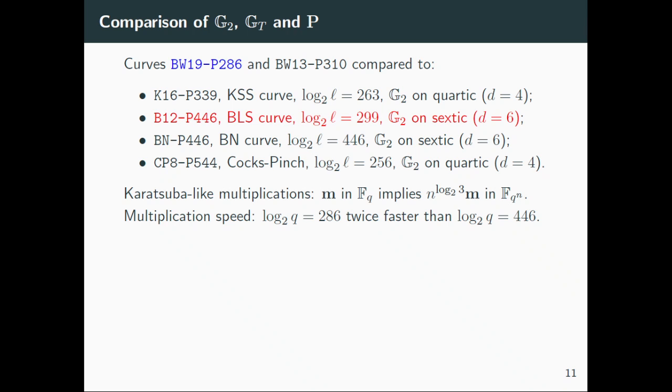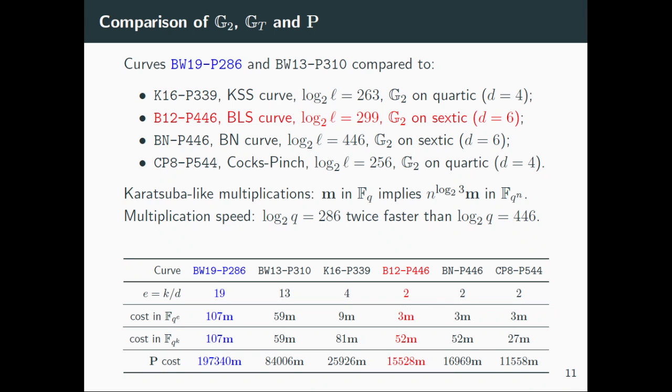That is, if a multiplication over Fq costs M, then a multiplication over the extension field Fq^N costs N^(log base 2 of 3) times M. Notice also that the time to compute a multiplication over the 286-bit prime field is half the time for the one over the 446-bit prime field.